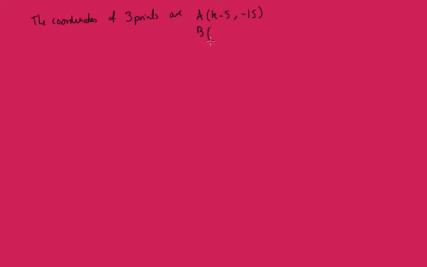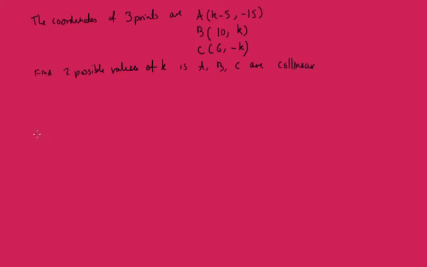B has the coordinates 10, k and C has the coordinates 6, minus k. Find two possible values of k if A, B, C are collinear.